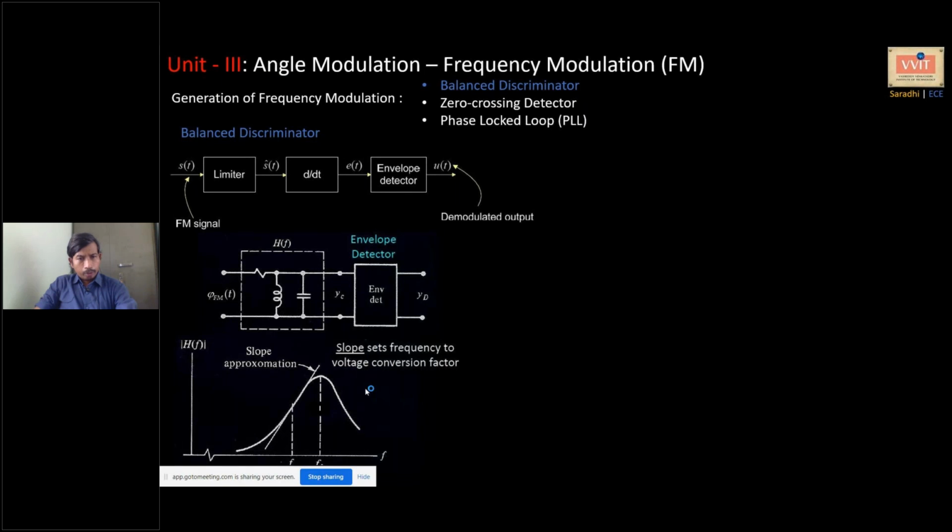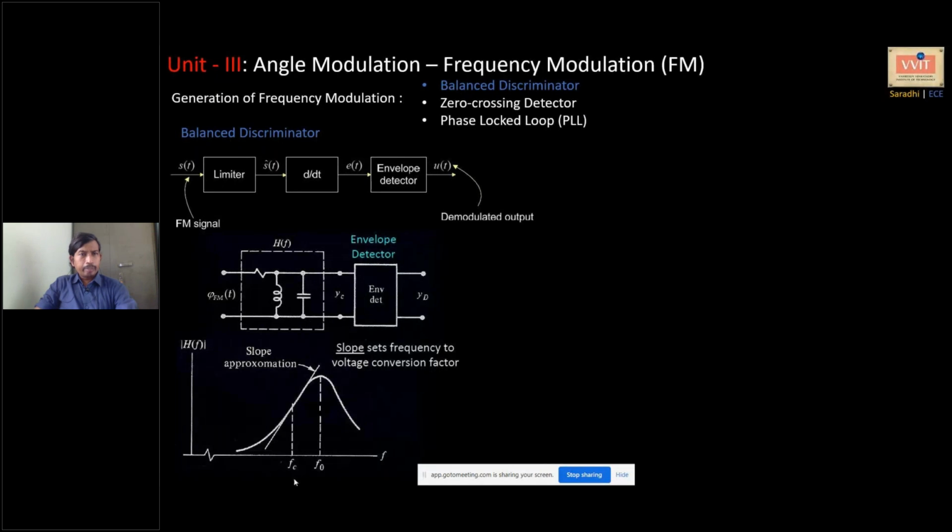But it has some problem. This balanced discriminator is applicable only when the instantaneous frequency is greater than the carrier frequency. But we know the instantaneous frequency can be either greater than Fc or less than Fc.